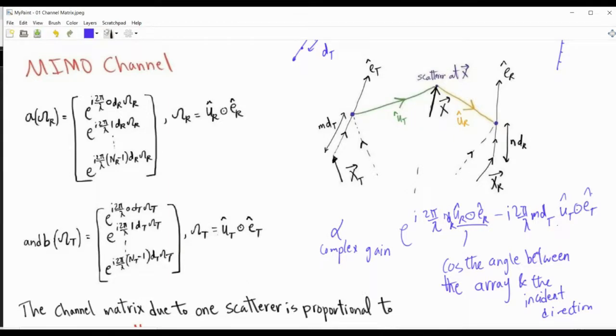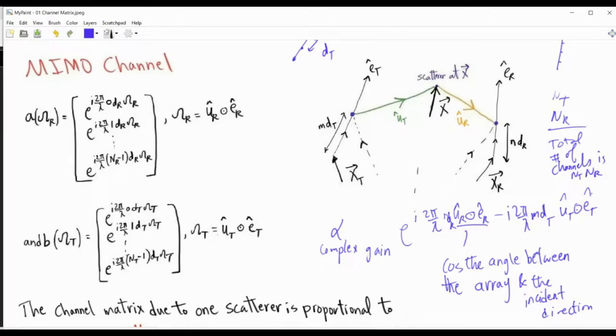Okay. So this is the channel between the mth transmit antenna and the nth receive antenna. And generally speaking, if you have nt transmitters and nr receivers, the total number of channels is nt nr, because you have a channel between each antenna in the transmit array and each antenna in the receiver array. And we typically prefer to collect those channels and put them in a matrix format, a matrix of size nr by nt.